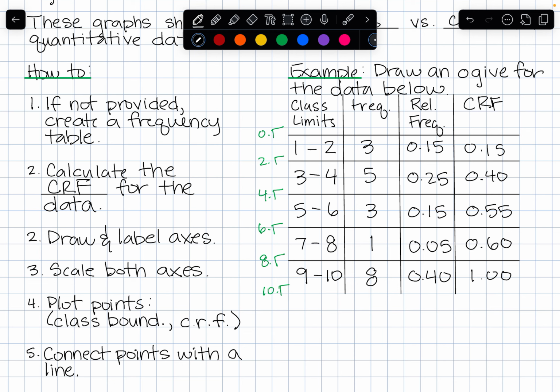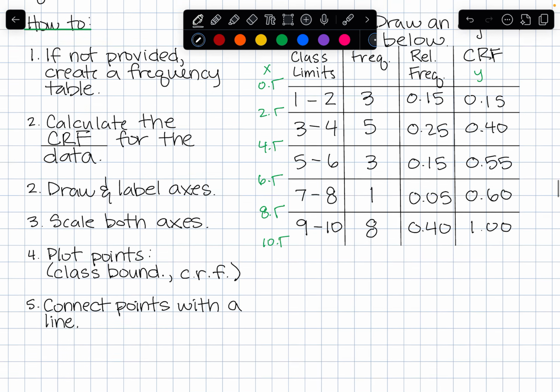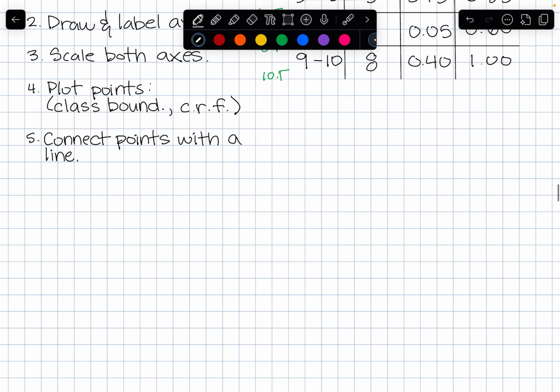So I'm going to scale my axis using the boundaries on the x and the cumulative relative frequency on the y. So on the y, I need to go all the way up to 1. I think I've left myself enough room to do that.